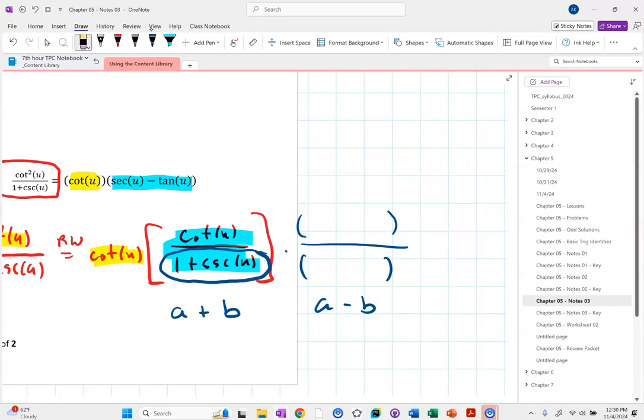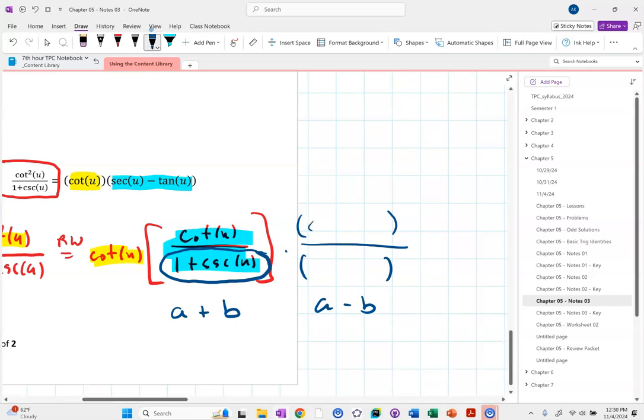P2. Am I going to want cosecant squared minus 1, or am I going to want 1 minus cosecant squared? If I look at my P2, yes, that is what I would want.